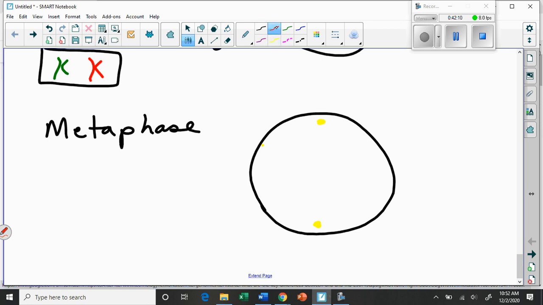The chromosomes have all started to line up in the middle, like this. What's my other color? Green? Yeah, green. So there they are. They line up in the middle in metaphase.